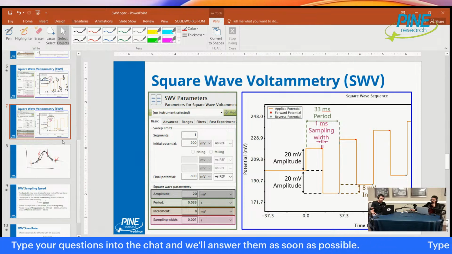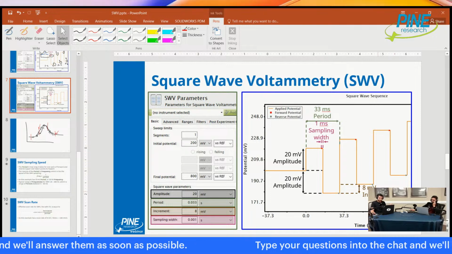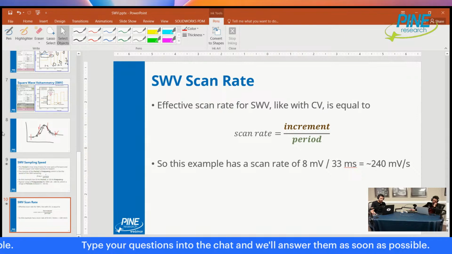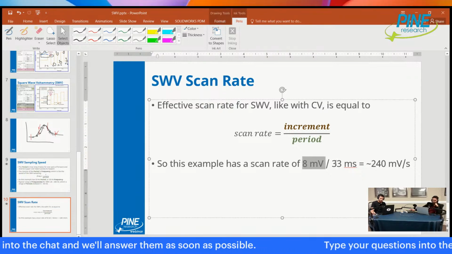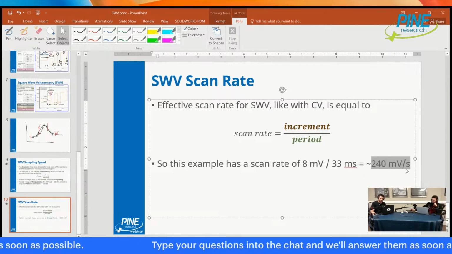So millivolts per second, that's scan rate. It's increment divided by period. For the example I show here, an increment of 8 millivolts divided by 33 milliseconds gives you effectively 240 millivolts per second.